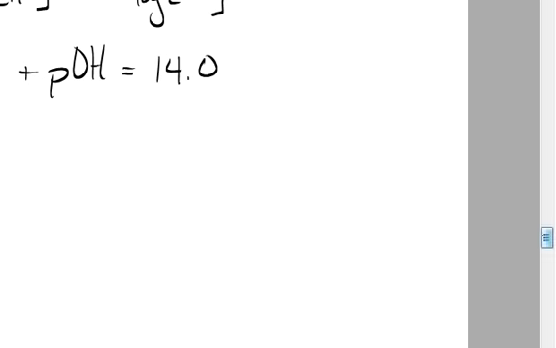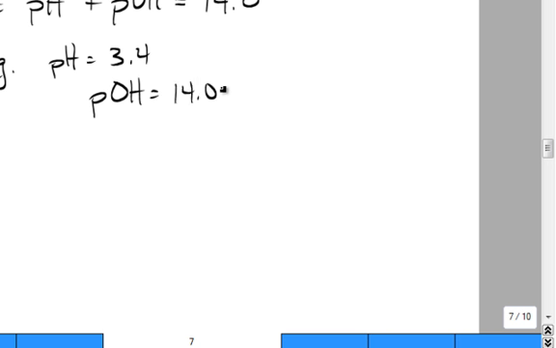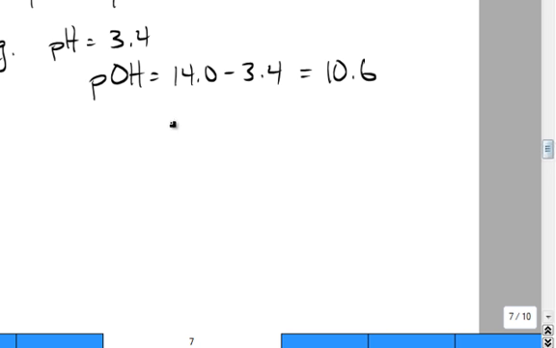So for example, at equilibrium, if you know the pH of a solution is 3.4, then the pOH is just going to be 14.0 minus 3.4, which is 10.6. And then if you need the hydroxide concentration at that pH of 3.4, well, we know by definition it's 10 to the minus pOH.